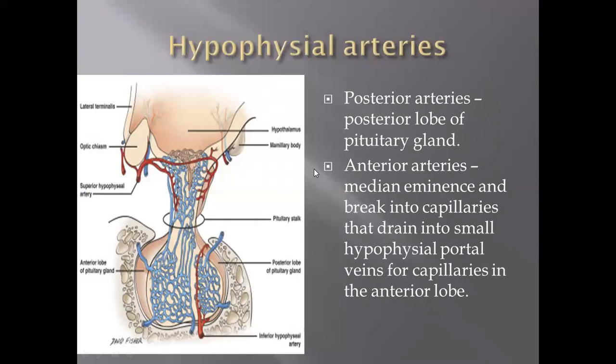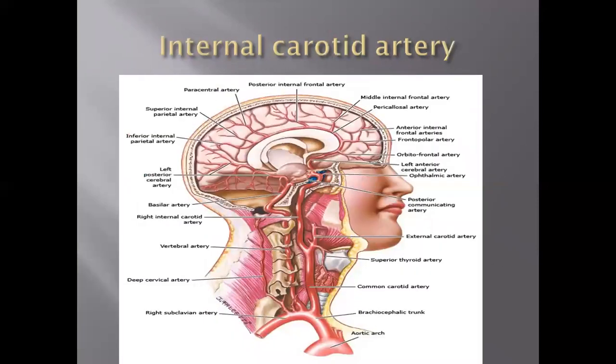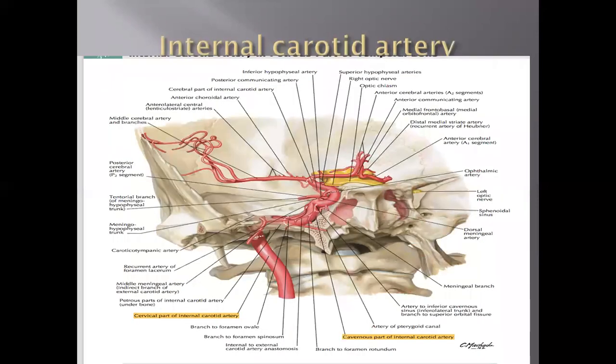So if you look at the carotid system, before we get to those branches, the hypophysial, I'll take you back here. If you look at this system, right? The carotid artery, whilst in the carotid canal, remember we said it was then going to open onto the posterior aspect of the foramen lacerum.